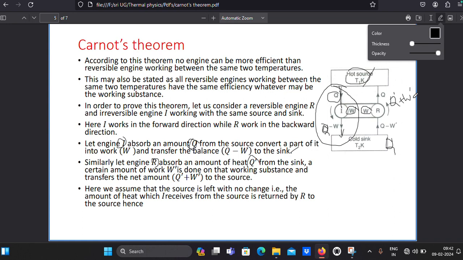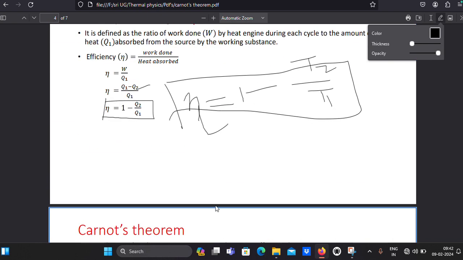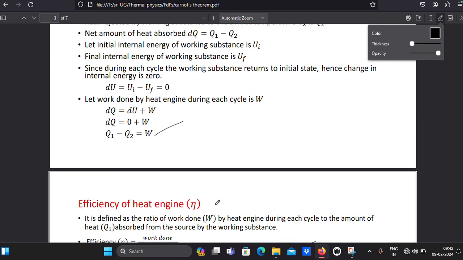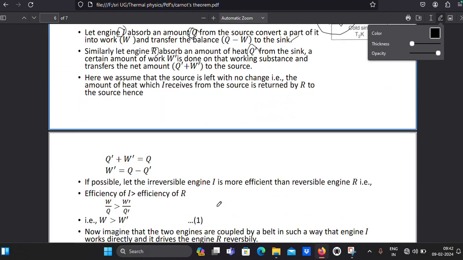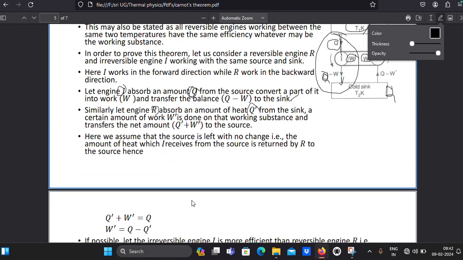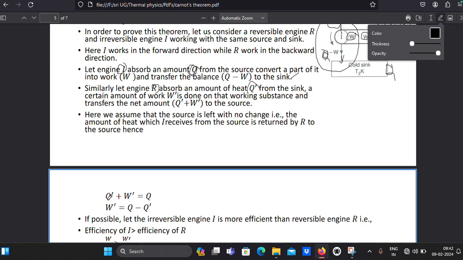This Q dash plus W dash is the Q. So Q dash plus W dash equals Q. Here it is giving Q dash plus W dash to the source as Q. So from this working substance, this side, Q minus Q dash, a part of heat is converted into work.